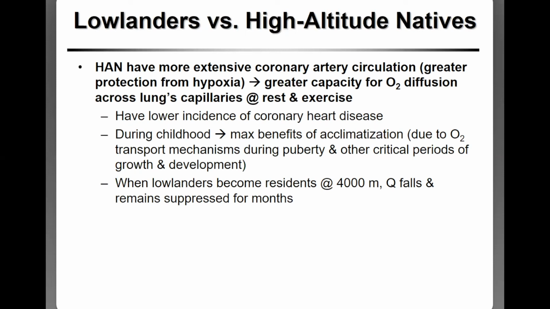So this means that they have a greater capacity for oxygen diffusion across the lung capillaries, and this helps to combat the low partial pressure of oxygen in the atmosphere, and it helps to diffuse more oxygen into the blood.